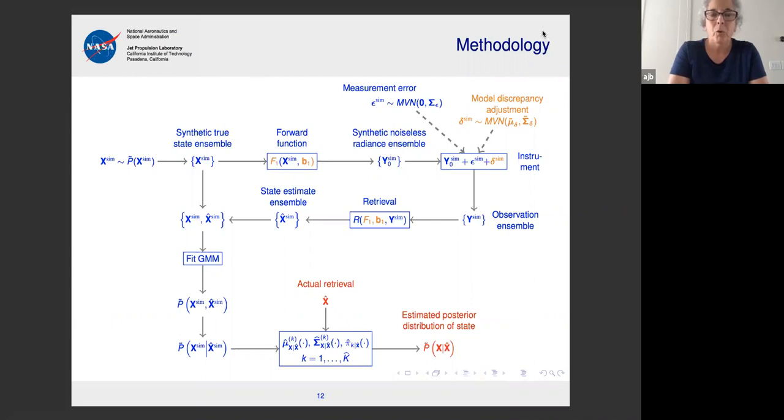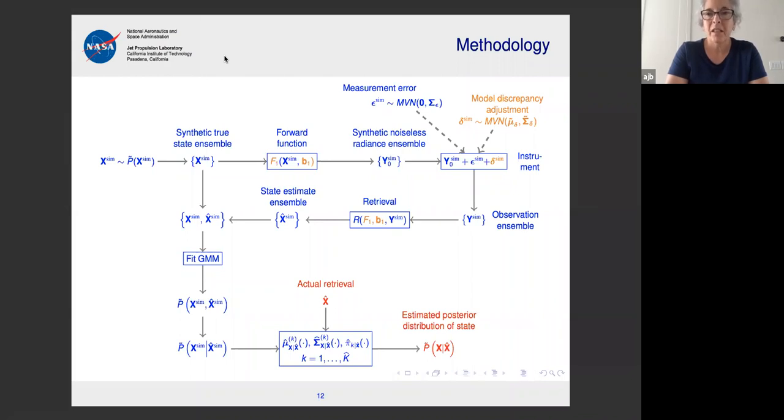What we will do is generate a series of a synthetic truth ensemble that we're going to call X-sim in brackets here. We are going to use a forward function to create synthetic noiseless radiances that correspond to the elements of that ensemble. We're going to add measurement error to it as we did before.